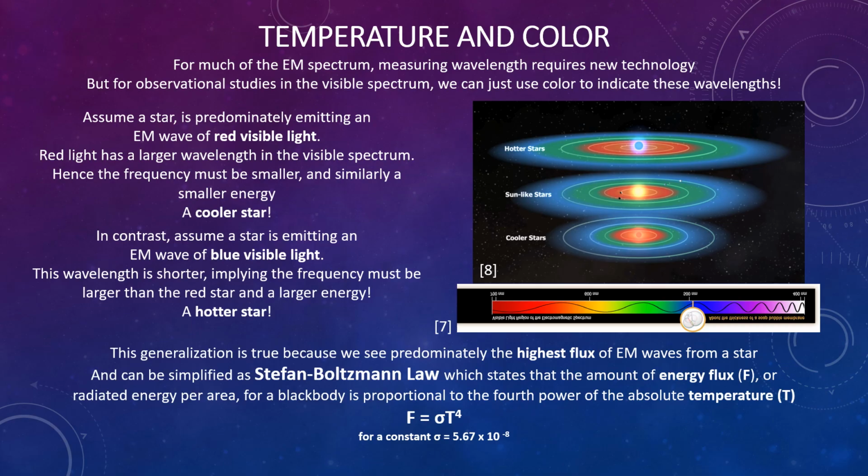So this must mean it's a cooler star. In contrast, when we look at a blue star, this star is emitting higher frequency light with a shorter wavelength than the red star, and that light is more energetic. So this means that a blue star is hotter than a red star.